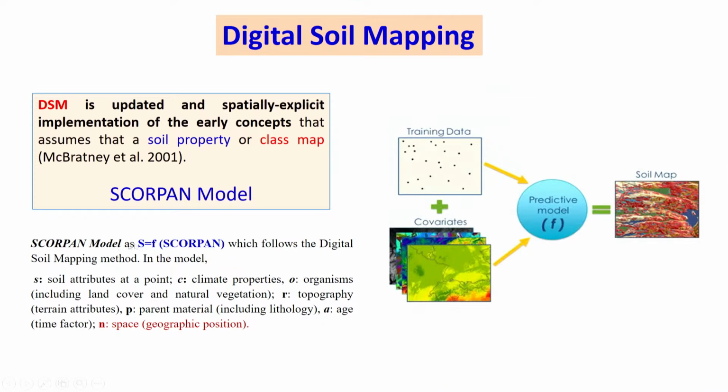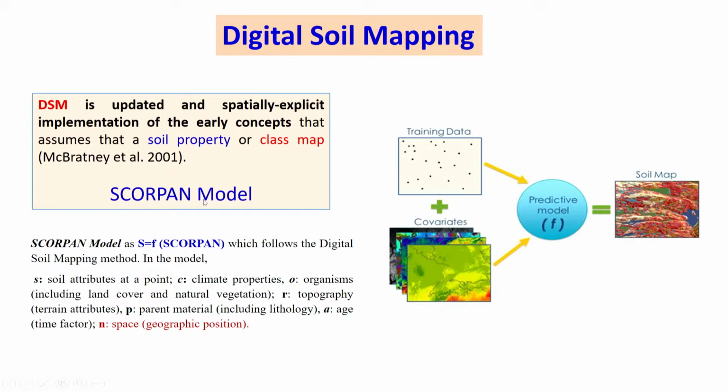He defined soil as a function of these factors, where there were 5 factors and he added one more factor, N, which is the geographic location or GPS location of the point. The other factors remain the same: C for climate, O for organisms, R for topography, P for parent material, A for time or age, but N is different, and this gives the SCORPAN model.